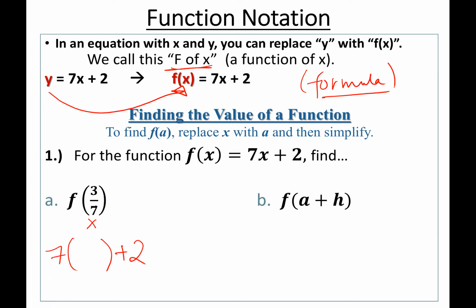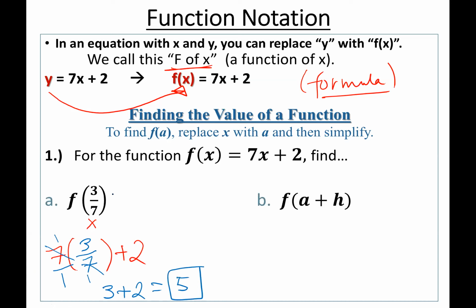So 7x plus 2, I'm writing 7 times 3/7 plus 2. And then I'm going to simplify. So just some order of operations. We're dealing with a fraction here. That's okay. 7 times 3/7. The 7s actually cancel out because 7 divided by 7 is 1. So this turns into 3/1, or 3 plus 2, which is 5.